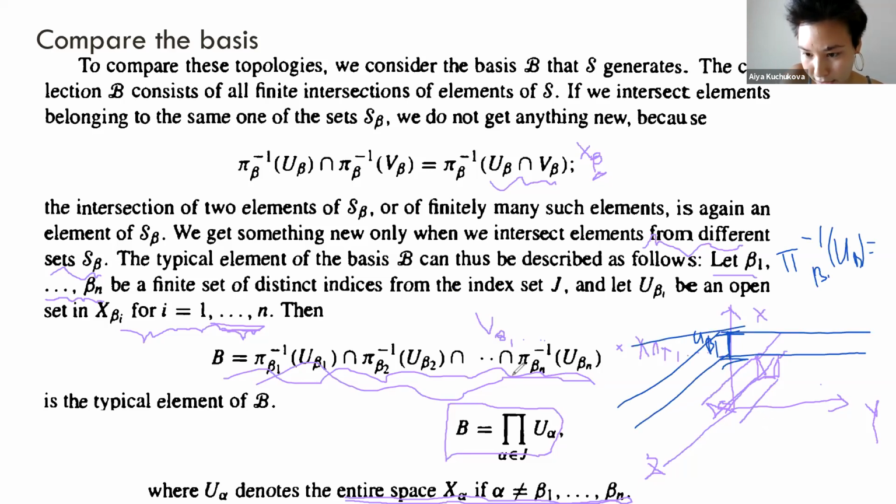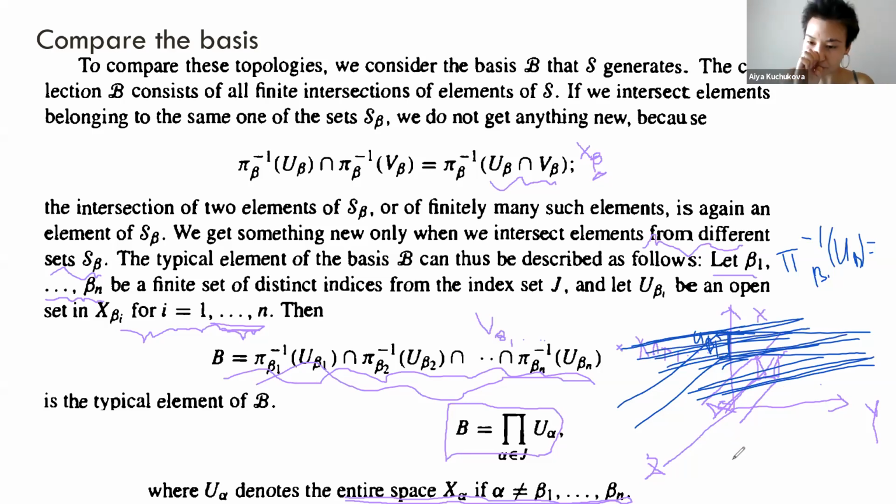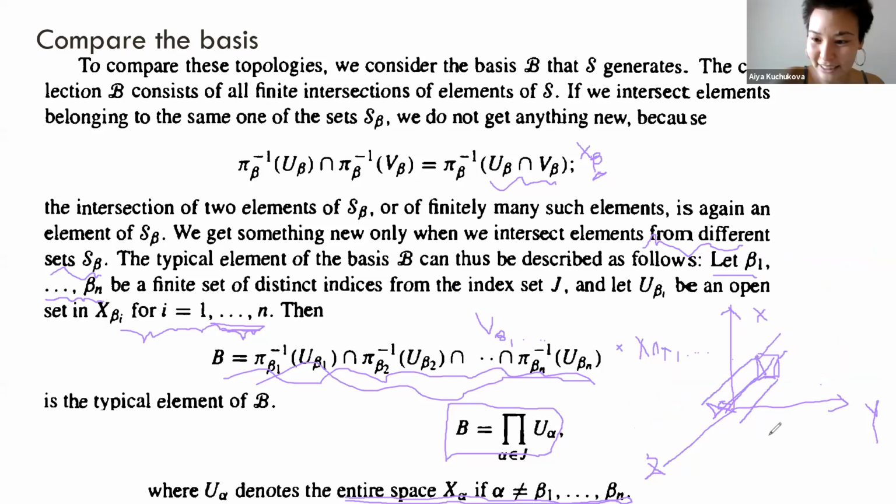Together it creates a multiple layered plane, I guess. It's not even a plane, it's just a subsection. It takes a plane here, and then it planes through here, in both Z and Y directions, right? Yeah, so messy. Sorry. So what I'm drawing is if we have 2 restrictions, both on X and on Y, then we have a very long space. And here is U beta 1, and this is U beta 2.